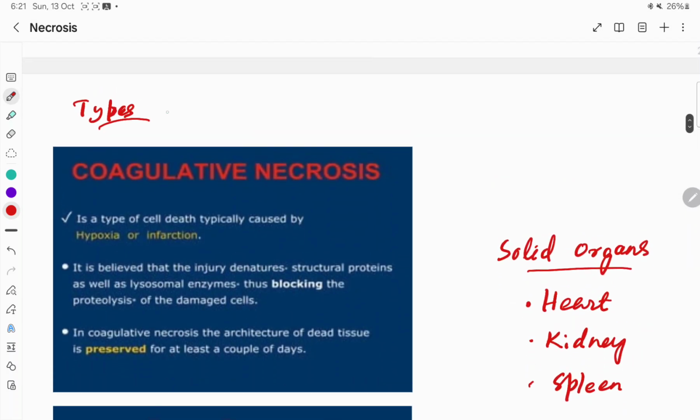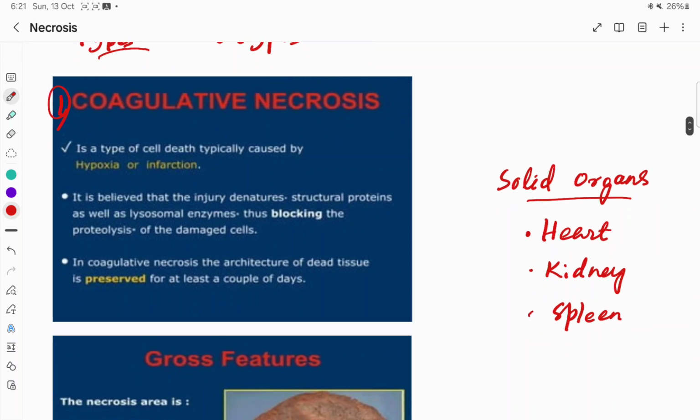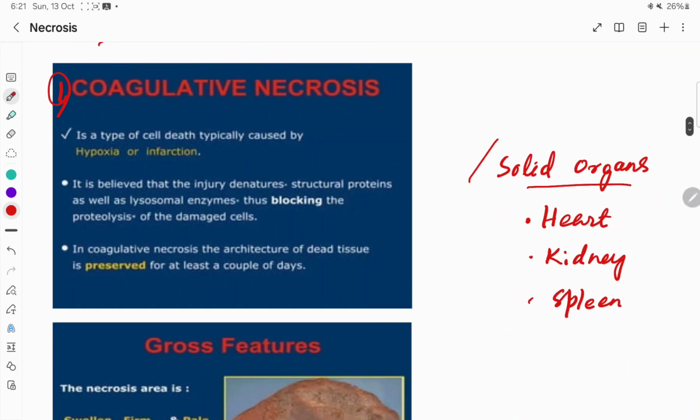Then types. There can be at least 6 types of necrosis, and the most common form is coagulative necrosis, caused by hypoxia or infection, and it affects the solid organs like heart, kidney and spleen.